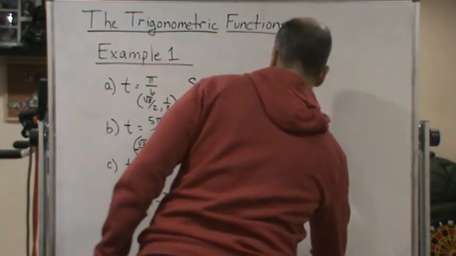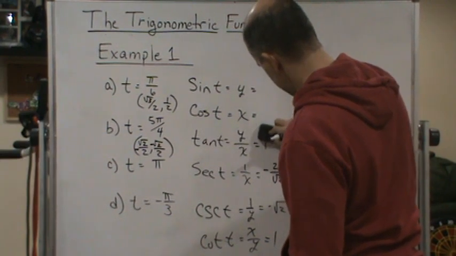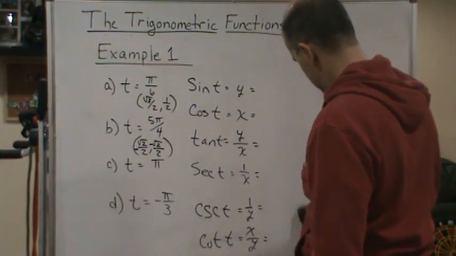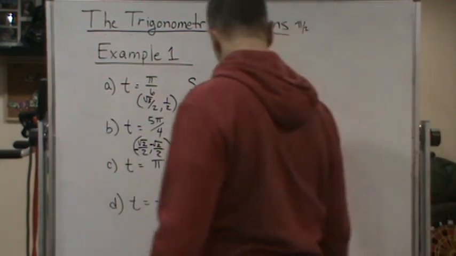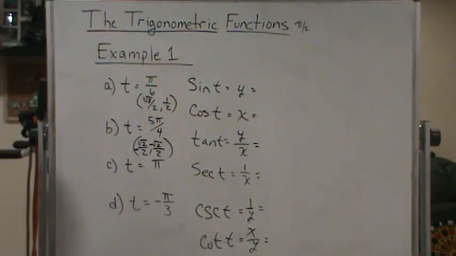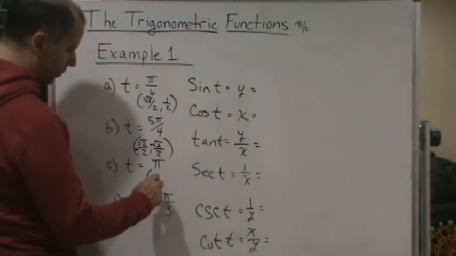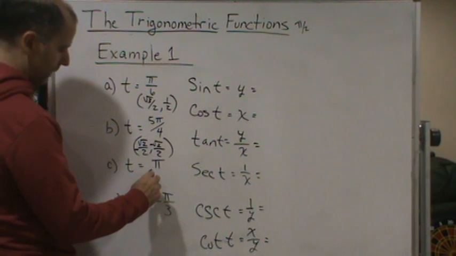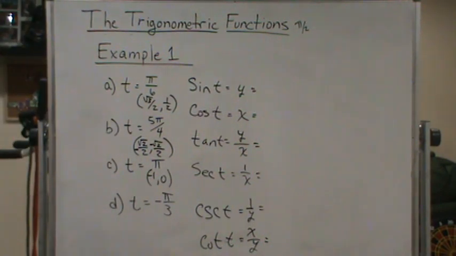Okay, now let's do pi. So pi, now this is an easy one because pi corresponds to the point -1, 0, right?